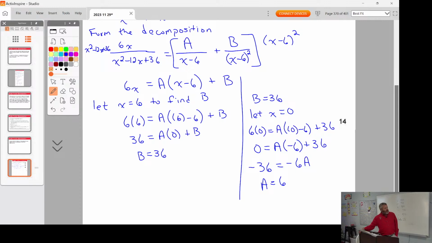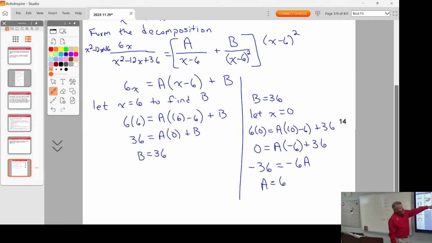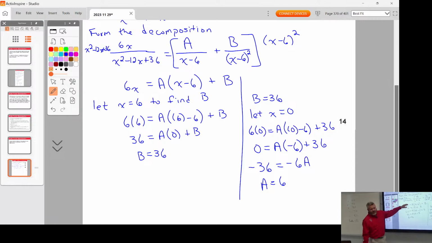But we do know with this basic equation, this is true for all x values, so I don't care what x is. We choose a convenient one to solve for A or B, and then choose something else to find the other variable.